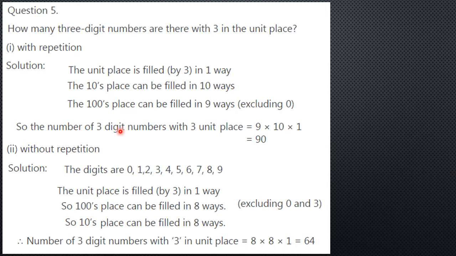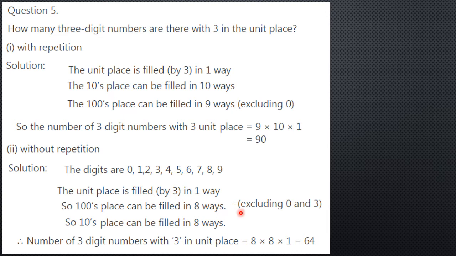That's all. Then without repetition, the digits are 0 to 9. Here 3 in the units place, therefore one way. Hundreds place can be filled in... Students note it: first units place, next hundreds place, then only tens place. But here anything, no problem. Here hundreds place can be filled in 8 ways. Reason: in the hundreds place 0 is not possible, and already we used 3, therefore 3 is also not possible.